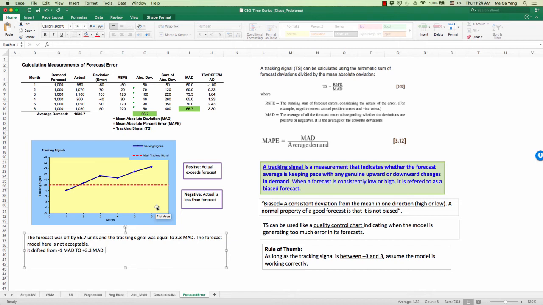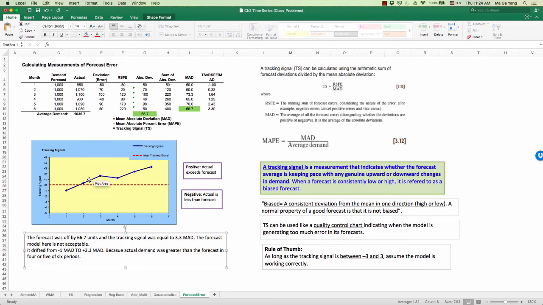And why did this happen? Because of the actual demand. You see the actual demand was greater than the forecast in 4 or 5 of 6 periods. Almost 5 periods are greater than the forecast, right?